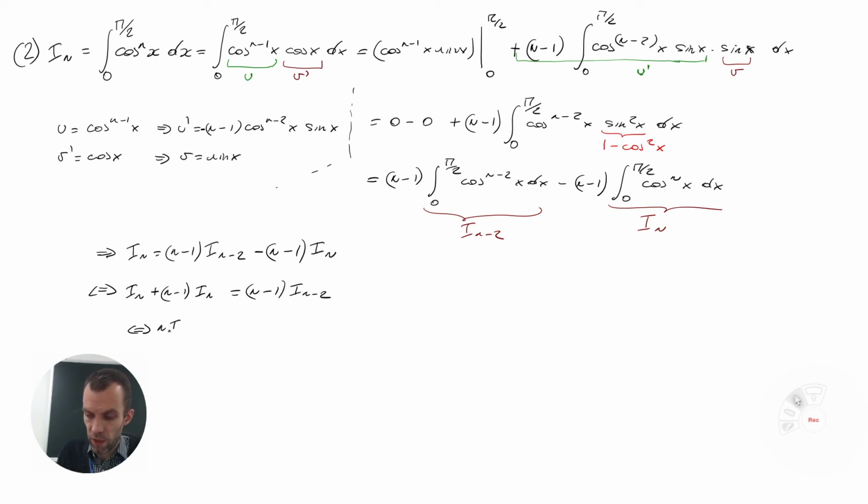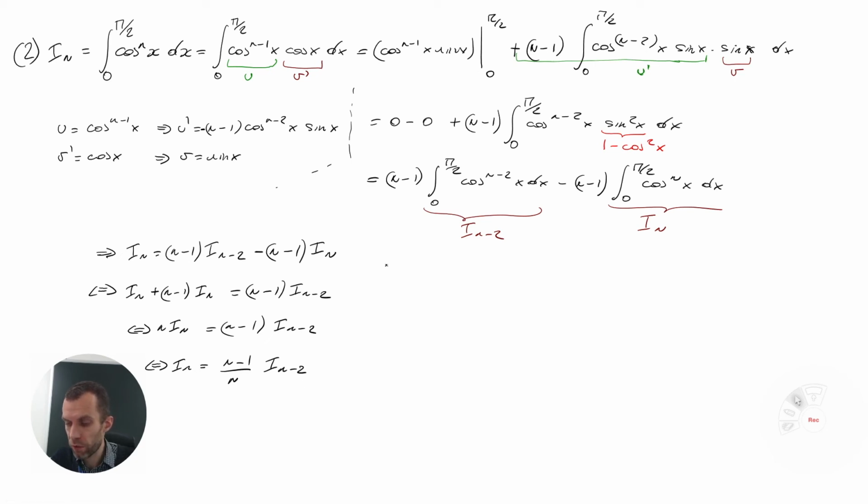So n times I_n is n minus 1 I_n minus 2, and therefore I_n is n minus 1 divided by n times I_n minus 2. This reduction formula doesn't tell you something about I_n in function of I_n minus 1. It gives you something that skips 1 and gives you the answer in function of I_n minus 2.